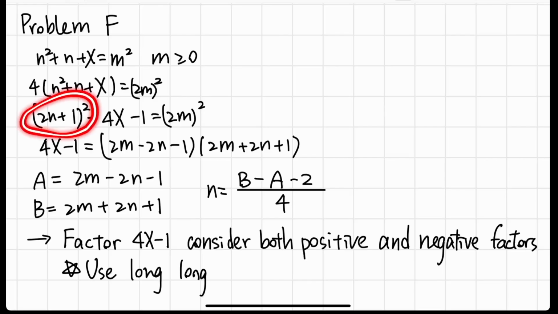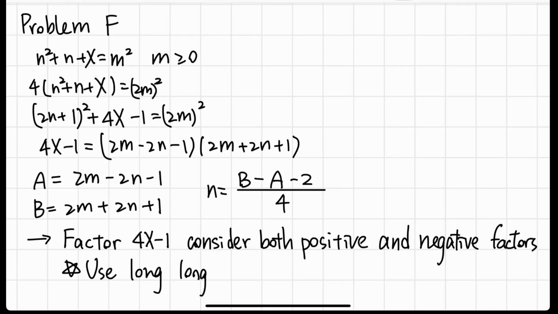Then we get our desired square item, then we can move this here, then expand this into 2m minus 2n minus 1, multiplied by 2m plus 2n plus 1. Then we get our desired factorization, which would help us solve this problem.